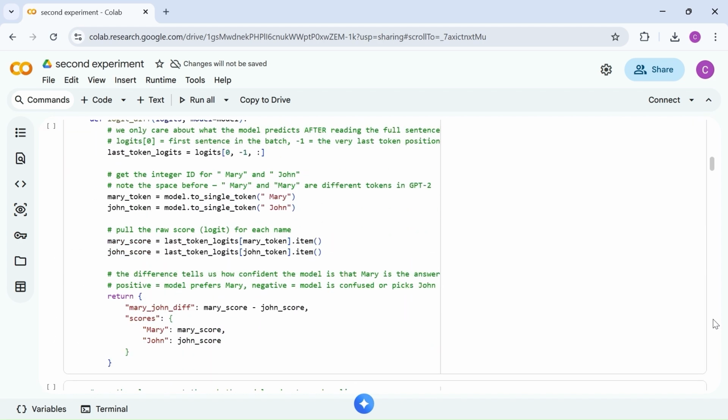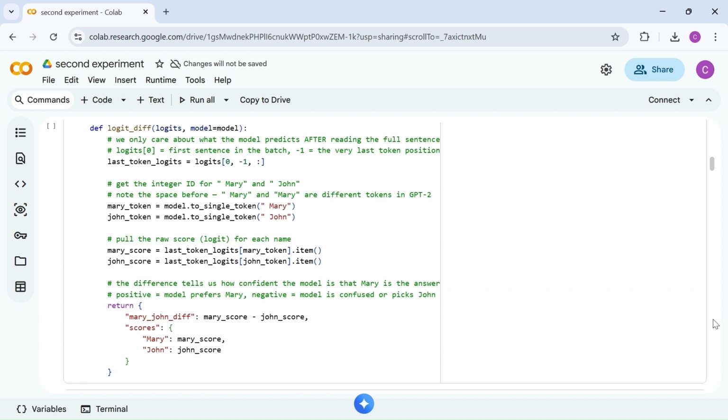So, here we are going to measure the model's preference using something called a logit difference. Logit difference is the arithmetic difference between the scores of Mary and John. Think of it like a scoreboard. If the value is positive, then Mary is winning, and if the value is negative, then John is winning.